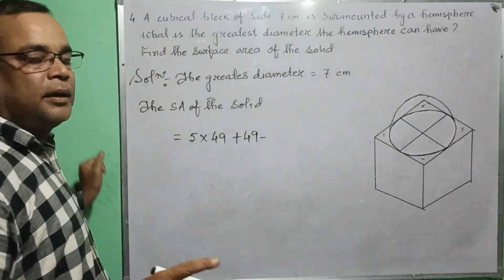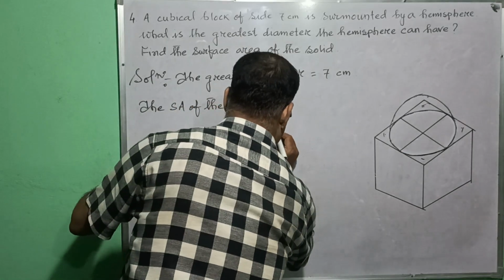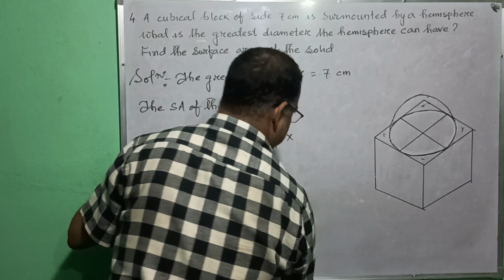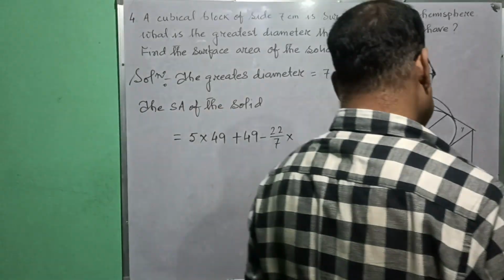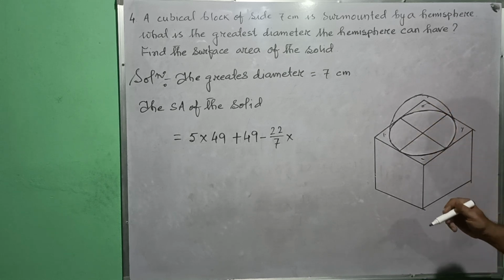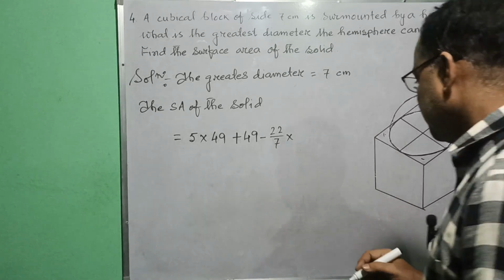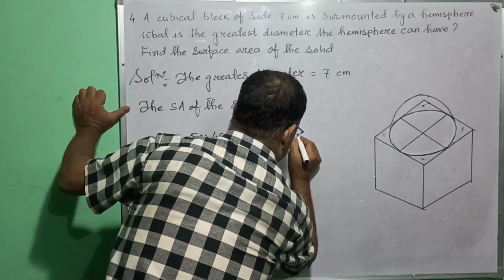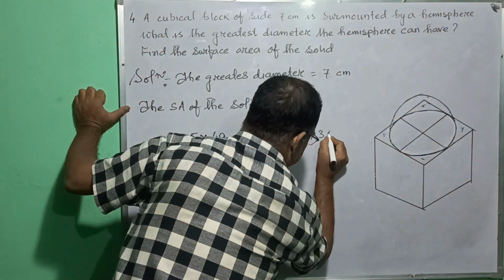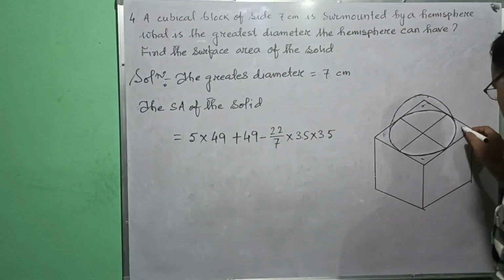The area of the circle is pi r square, so we'll write 22 by 7 into, now what will be the radius of this hemisphere? It will be half of the side, so it is 3.5. So we'll write 3.5 into 3.5. Now these 4 corners are finished.